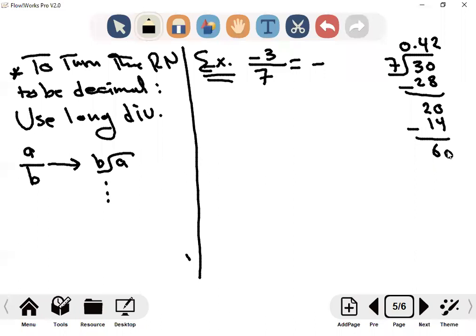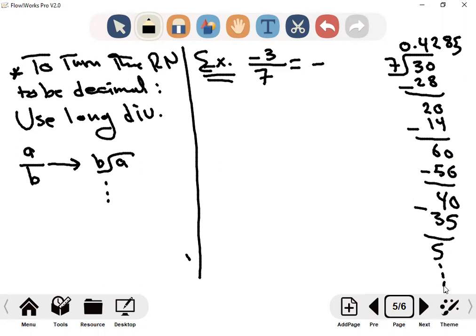Decimal 0, right? 60 divided by 7 is 8. 8 times 7 is 56. Subtract, 4. Decimal 0, right? 40 divided by 7 is 5. 5 times 7 is 35. Subtract, 5, right? And continue.